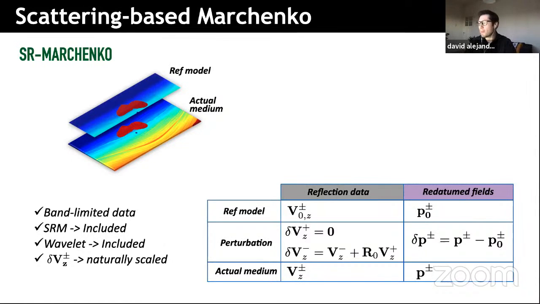In this scheme, we propose what we call perturbations in the reflection data. For this particular case, I'm going to introduce a different kind of reflection data in the form of vertical particle velocities. And that will give us access to band-limited pressure wavefields instead of the broadband Green's functions.